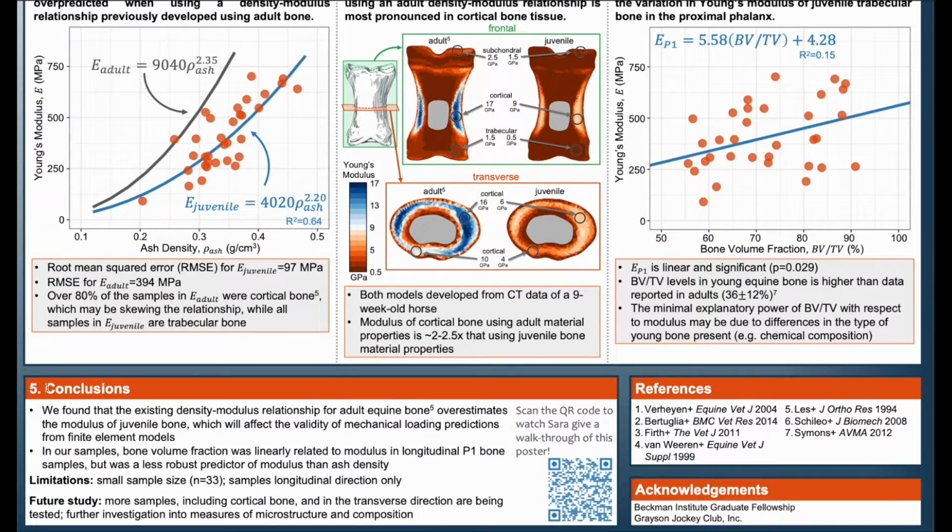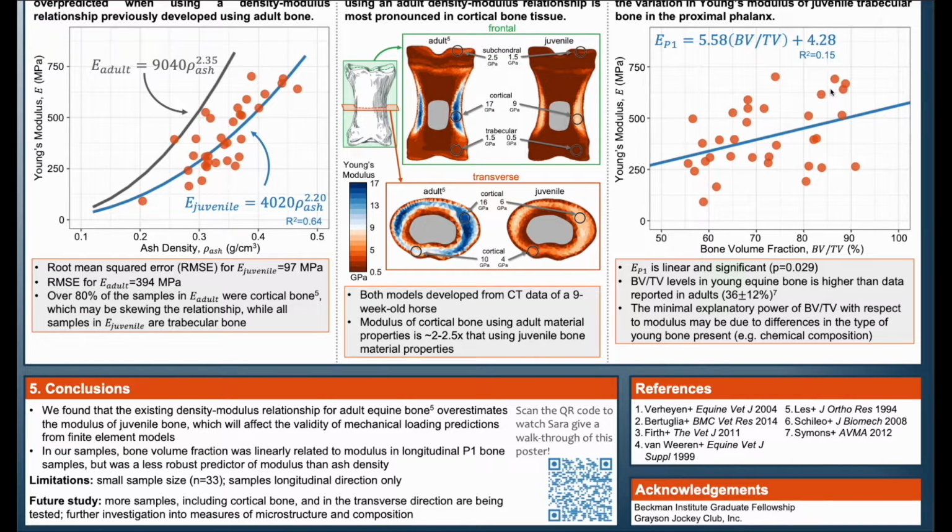So to wrap this all up, we found that the existing density modulus relationship, this gray line here, overestimates the modulus of juvenile bone, and this will affect the validity of mechanical loading predictions from finite element models.